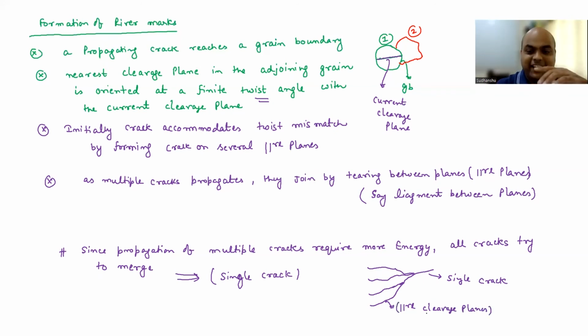Okay, now you can see here, right? It's like a river branching, and that is why it is called a river mark. And again, this is happening in a single grain, right? So say this was your grain 2, and here you have grain 1. Okay, so let's say you have an original cleavage plane like this, a current cleavage plane. Okay, and then you got another one which is at a certain angle. It's something like this. Okay, so you have two planes. I hope you can imagine in 3D.